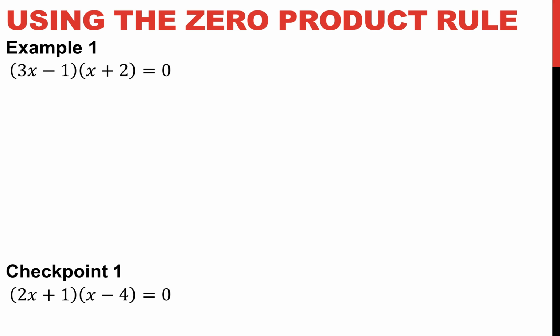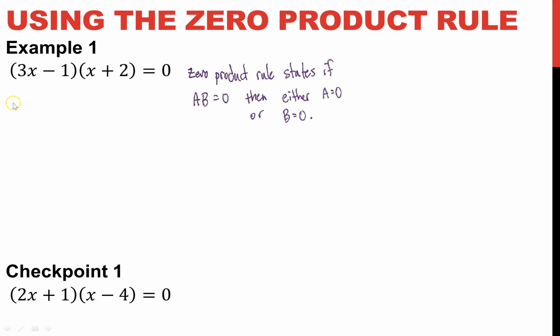Alright, so the zero product rule, which I affectionately call the zipper. So what does the zero product rule mean? It means, as if we're looking at example number 1, that if A times B equals 0, then either A or B has to equal 0. What that means is, looking at example 1 right here, I have 3x minus 1.